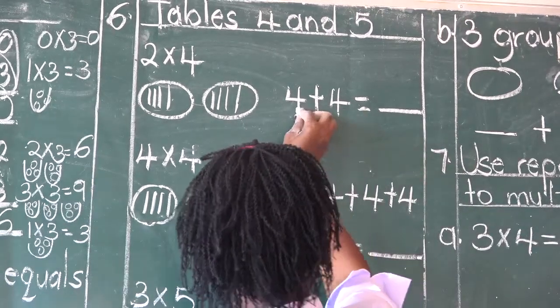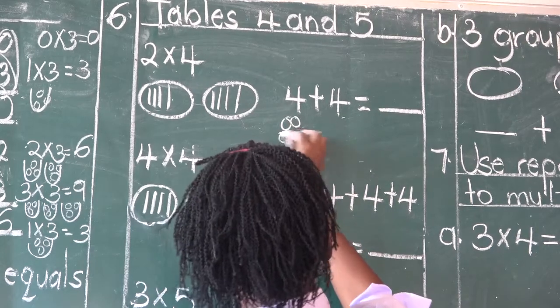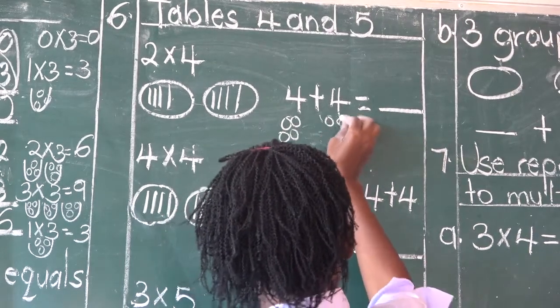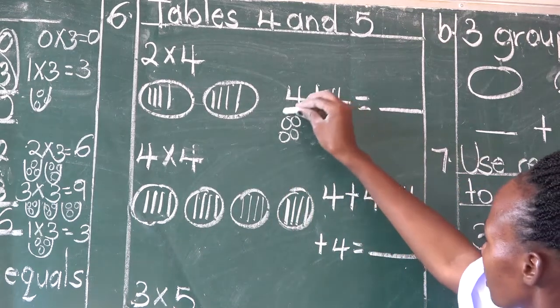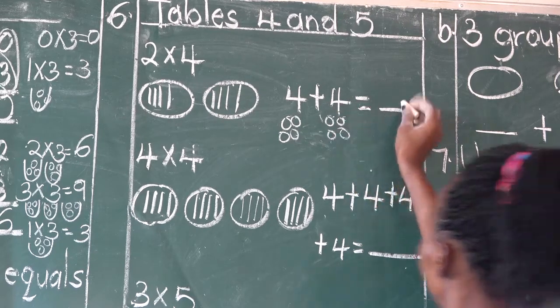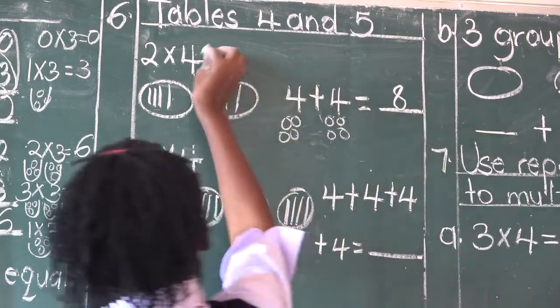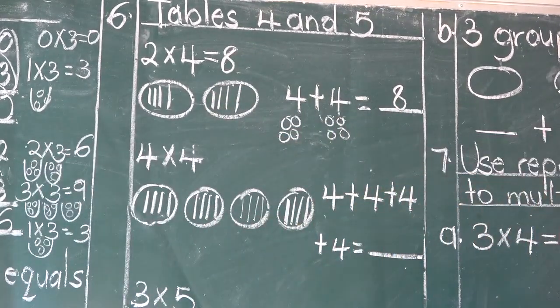We have here our 2 groups of 4. 1, 2, 3, 4. 1, 2, 3, 4. Now let's put them together. 1, 2, 3, 4, 5, 6, 7, 8. 2 times 4 will equal 8.